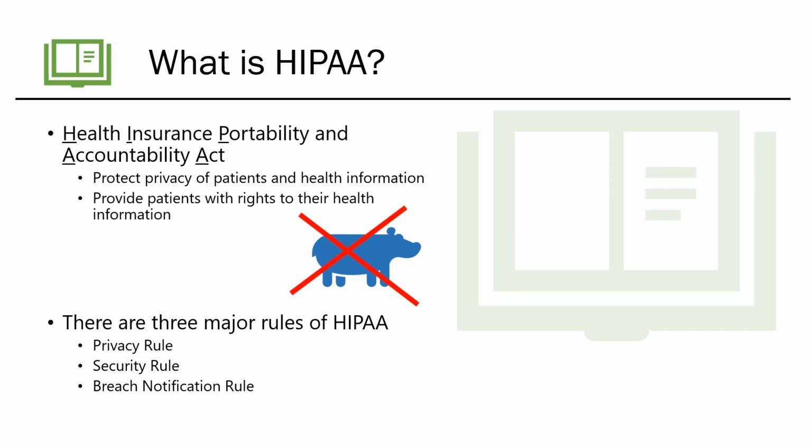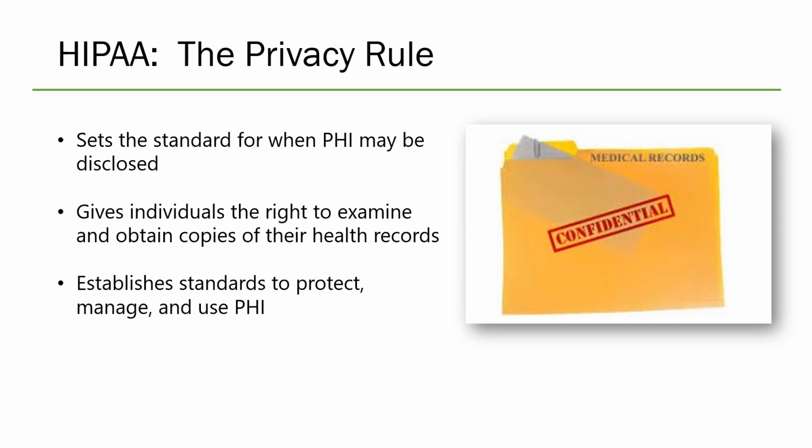There are three major rules of HIPAA, which we'll talk about in more detail, and those are the privacy rule, the security rule, and the breach notification rule. The HIPAA privacy rule established standards for when PHI may be used or disclosed and set standards for how to use, manage, and protect PHI.